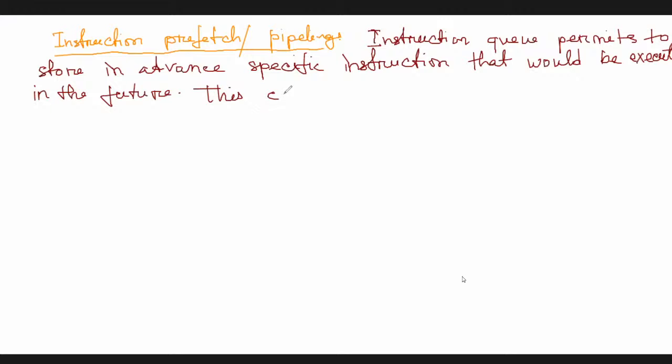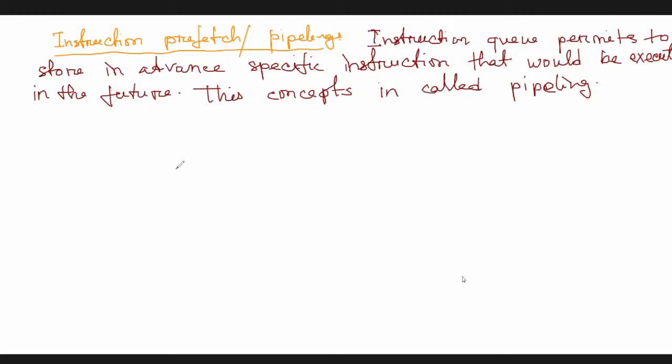This concept is pipelining. This concept is called instruction prefetch.